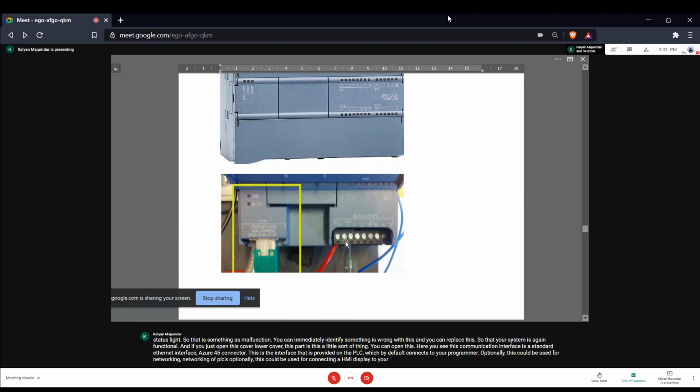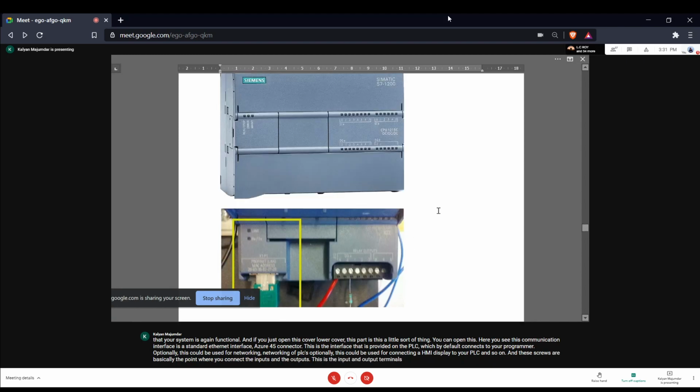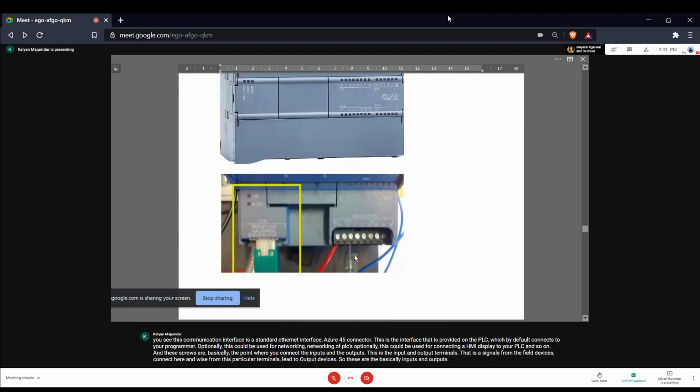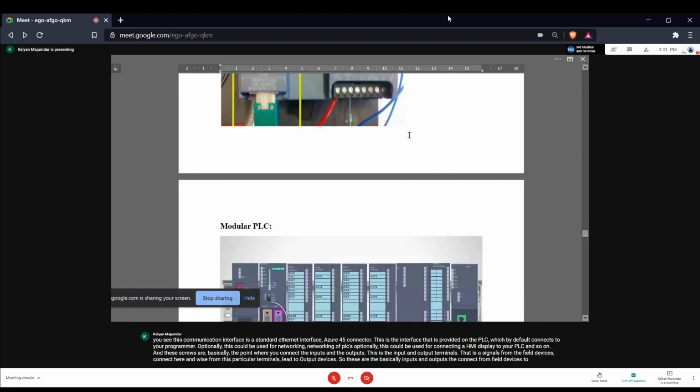And these screws are basically the point where you connect the inputs and the outputs. These are the input and output terminals. Signals from the field devices connect here, and wires from these particular terminals lead to output devices.